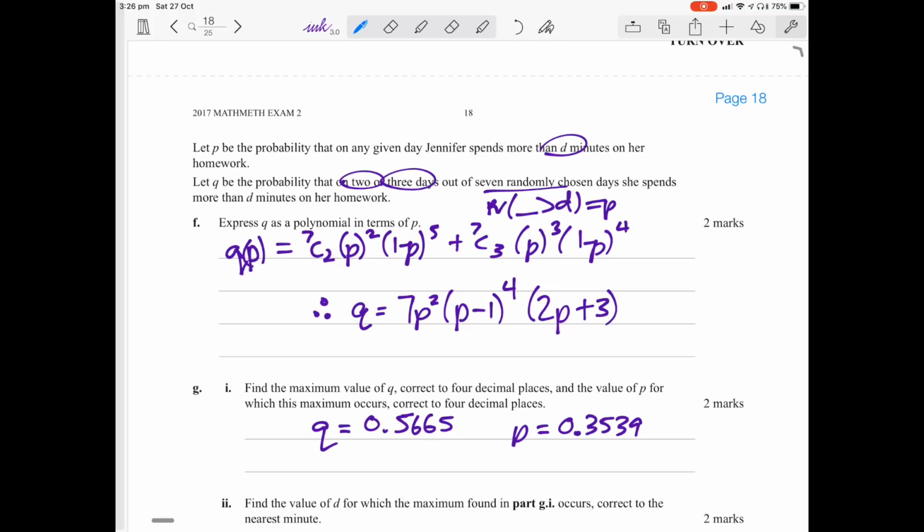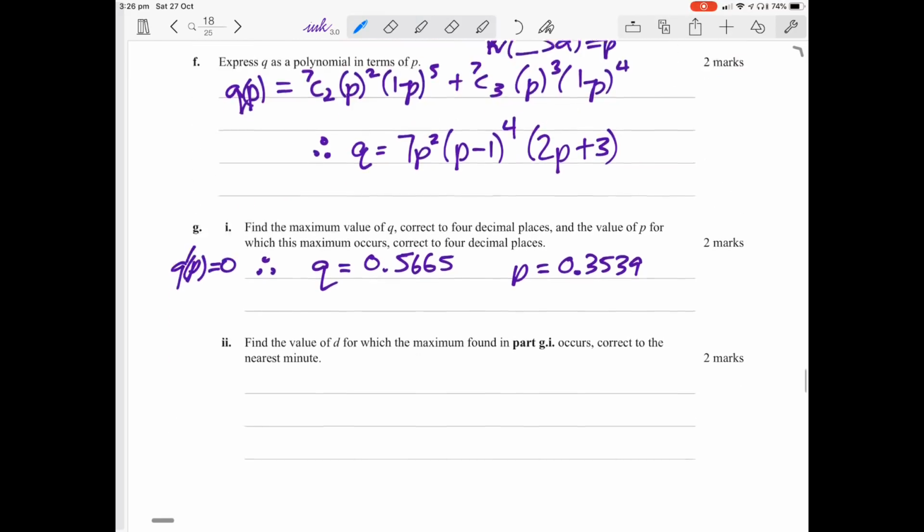Okay. I can't really think of what working out they'd want. I mean, they could say Q dash of P is equal to 0, therefore Q is equal to that.